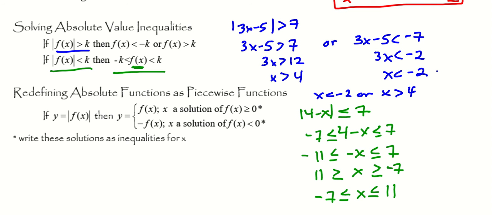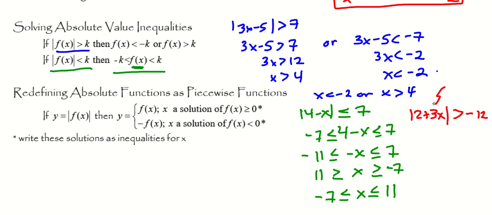Let's look at 2 more examples here, and these actually can be very easy if you think about them. So let's take the example where the absolute value of 2 plus 3x is greater than -12.